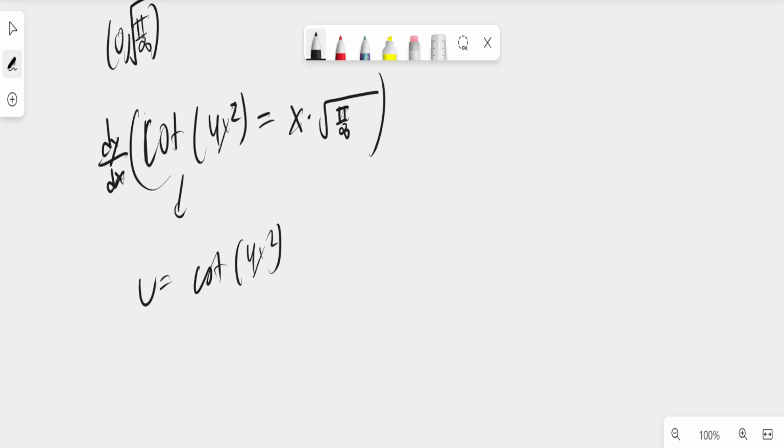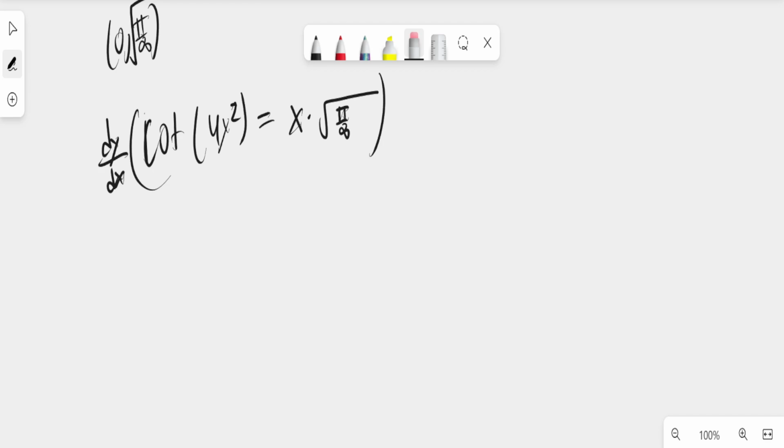So u is equal to cotangent a, and a is equal to 4y squared, and we want to find dy dx, and we have du dA times dA dx to get du over dx. Yeah, it doesn't work. I'll figure out why it doesn't work.